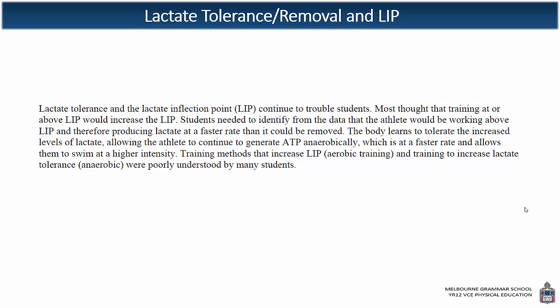So anaerobic training is going to increase your lactate tolerance. Therefore, you are going to be able to work at a higher intensity for longer, dealing with those feelings, and therefore produce ATP at a faster rate. In order to increase lactate inflection point, we need to undergo aerobic training, and to increase lactate tolerance, we need to do anaerobic training.